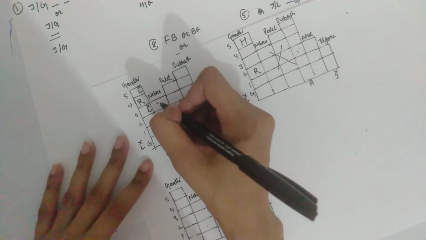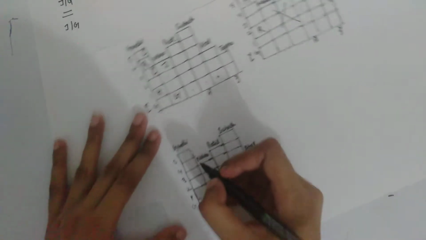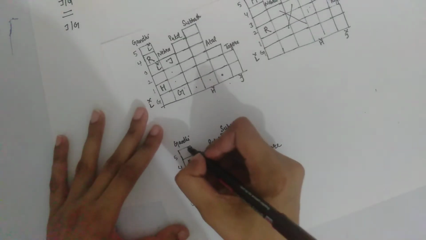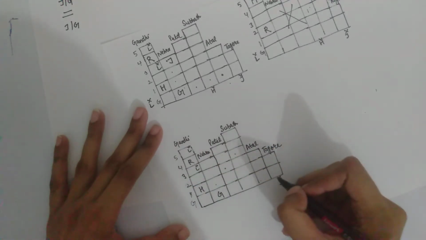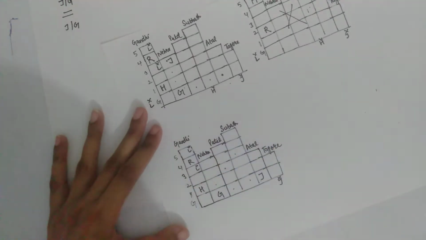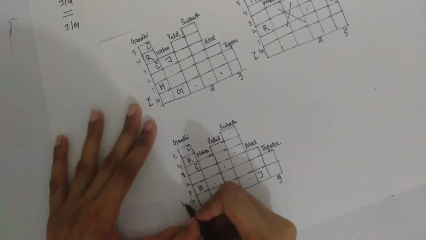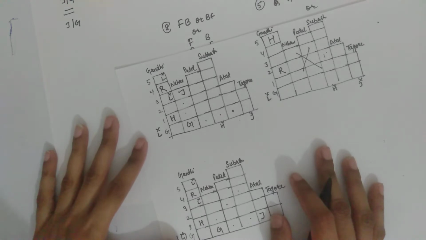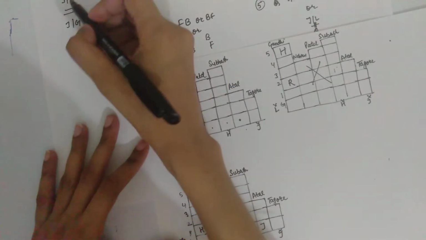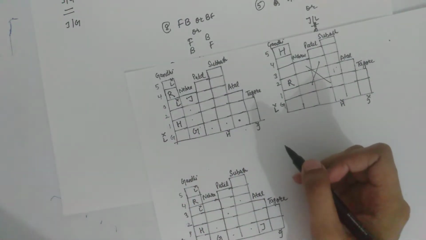We have to make one more case. 1, 2, J can be here also. Fine. Now see, J and G are done.